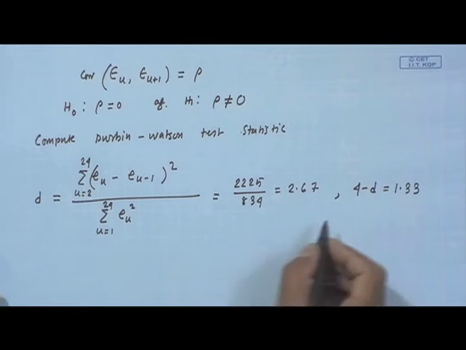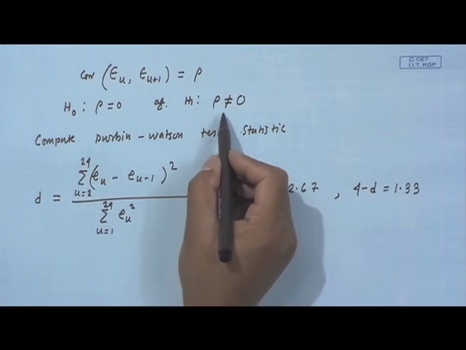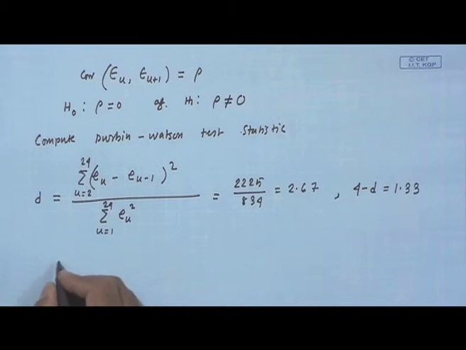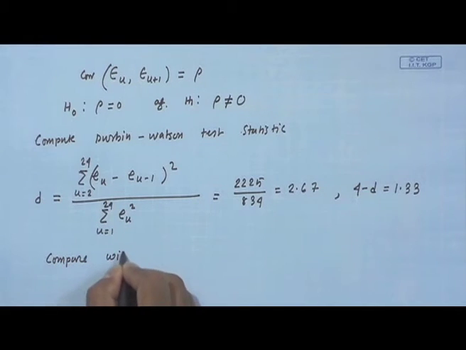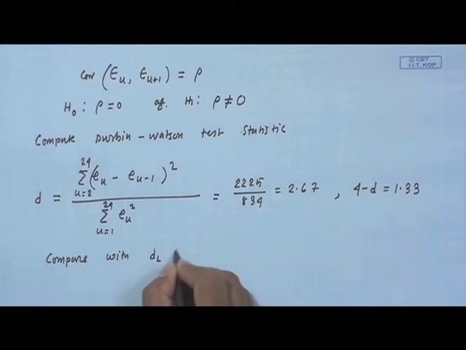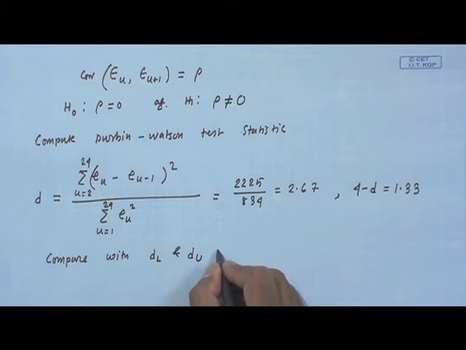For testing this two-sided alternative, we compare this d value with dl and du, and you will get these values from the d table.